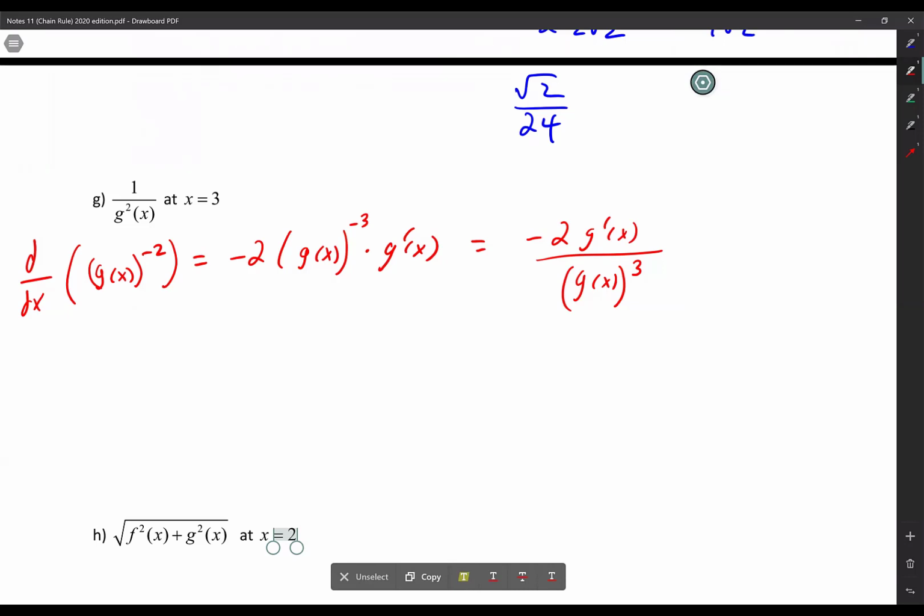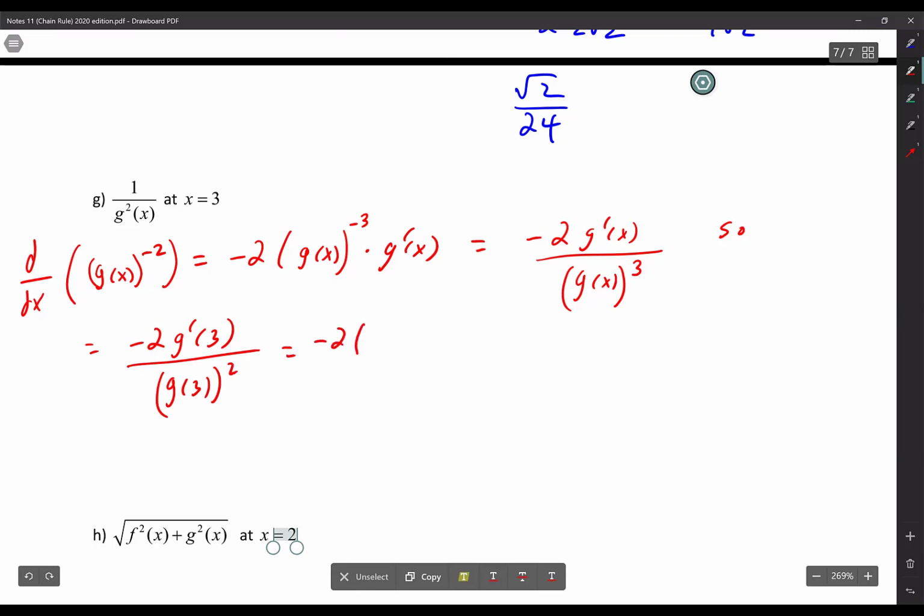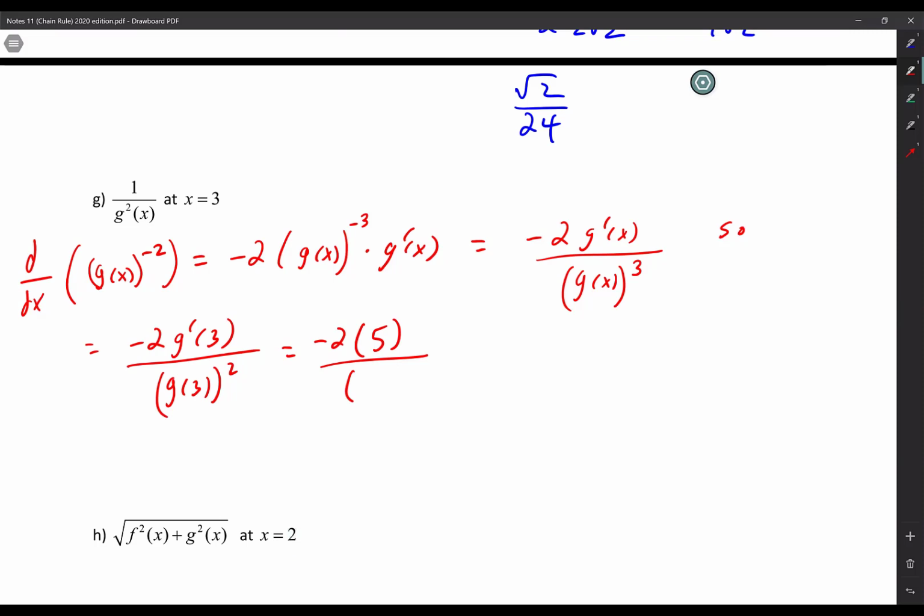All right, so now what I'm gonna do is plug in a 3, guys. So I'm gonna have -2 g prime of 3 over g of 3 squared. Can someone do me a favor and tell me what g prime of 3 is? 5? And what's g of 3? Negative what? 4. Okay, so it's over, oh yeah, to the 3rd power.